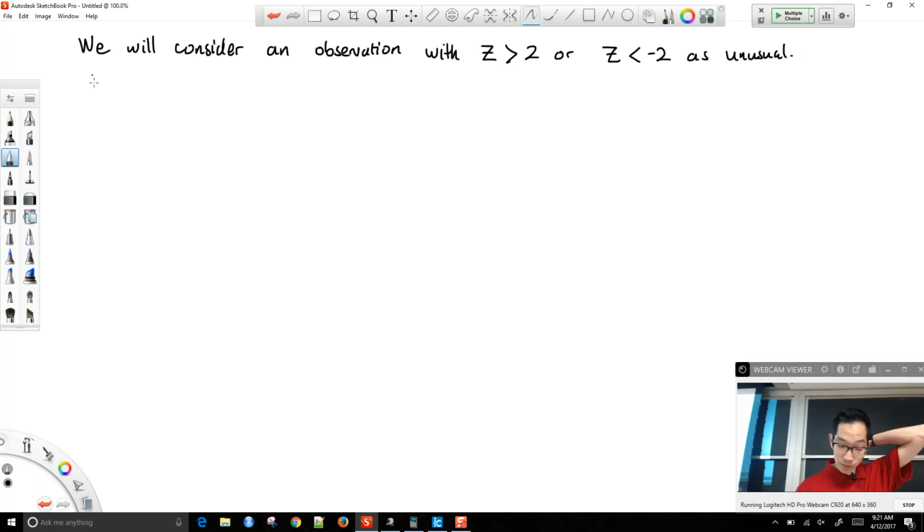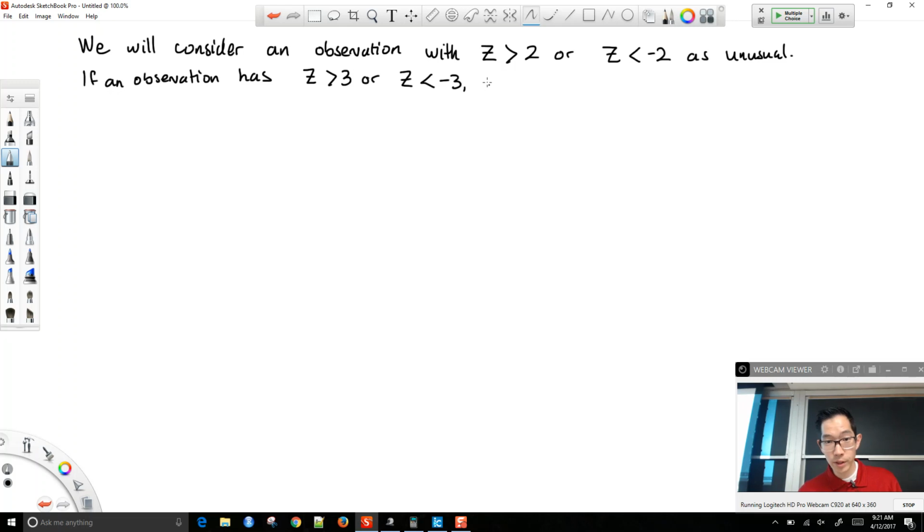And if an observation has z greater than 3 or z less than -3, it is considered highly unusual.